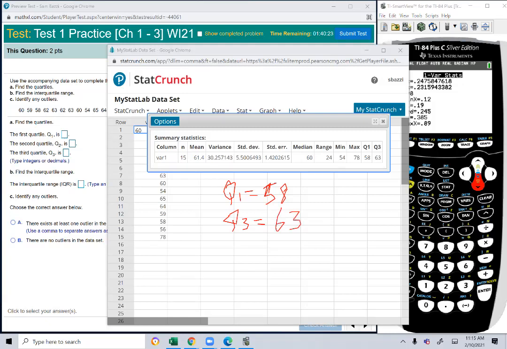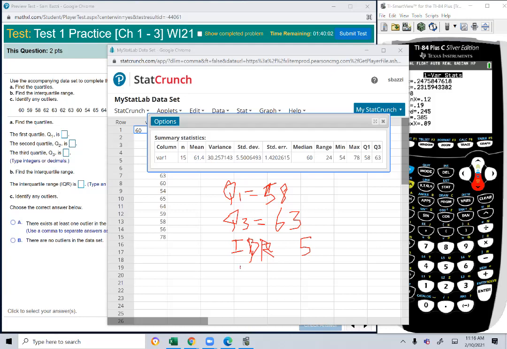There's a delay, 63. So you find the IQR, guys, which is what? The IQR will be 63 minus 58, which is 5.